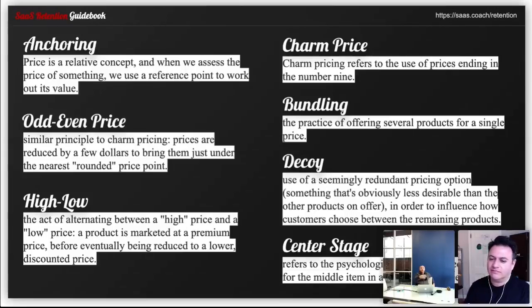And the odd-even is really kind of a switch where maybe you're doing something at 33, 66, or 997 or something, and it just kind of ends in various odd or even numbers that are below the nearest rounded price point. Those are a little bit more about that weird psychology that people have and the way they perceive numbers, and kind of playing with that stuff.